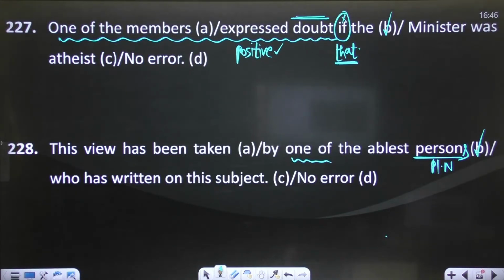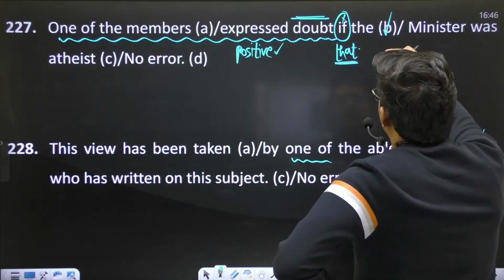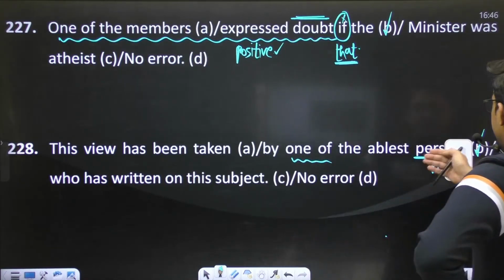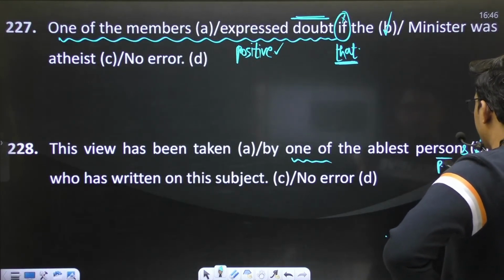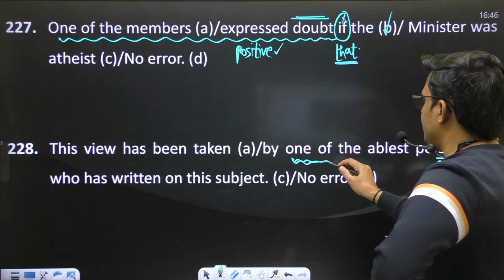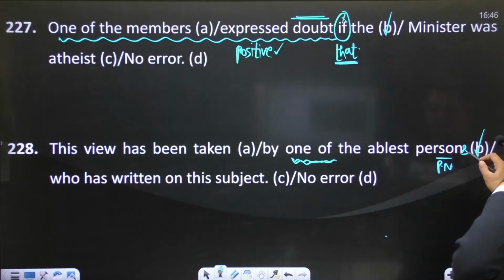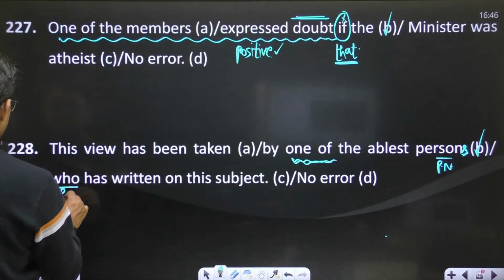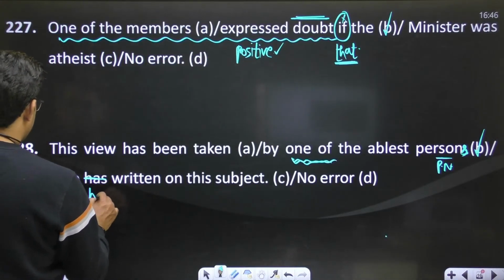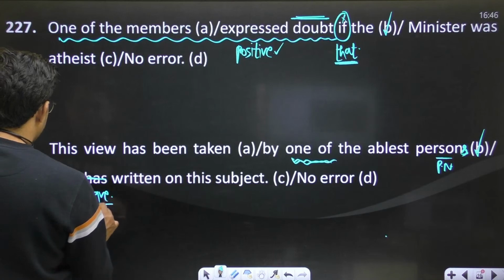One of the ablest persons. If you speak persons, this is a plural noun, because according to one of we demand persons. And this persons is a relative pronoun, and after a relative pronoun a plural verb must be there, have must be there.